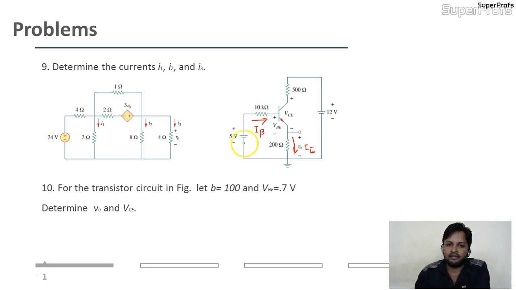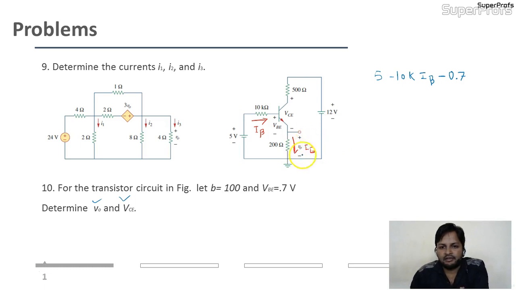Apply KVL over here. 5 minus 10k IB plus VB. This drop is given in the question as 0.7, and the sign will be minus 0.7. Why minus? Because the outer terminal is the negative terminal. Come here. The question is asking to find out V0 and VCE, correct?